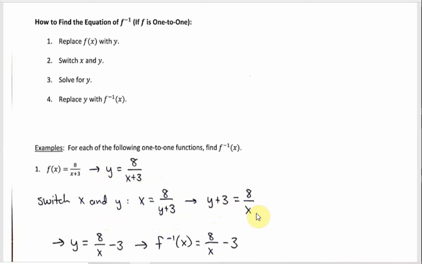You could get that by multiplying and then dividing, but you could also just interchange them like I did. Then to solve for y, you just subtract 3 from both sides, which is what this is here. The y equals 8 over x minus 3. And now that it's solved for y, just replace y with f inverse of x. So f inverse of x is 8 over x minus 3.